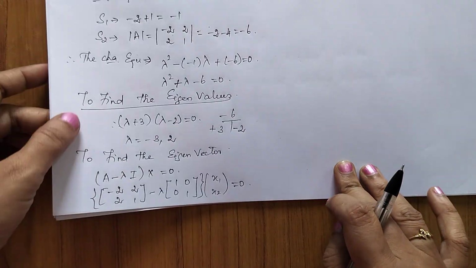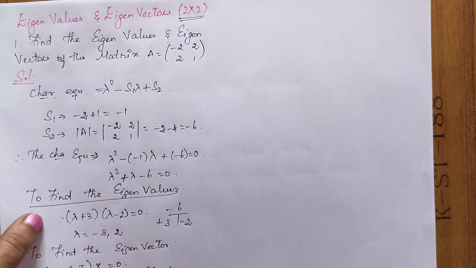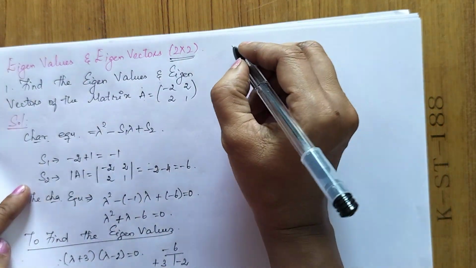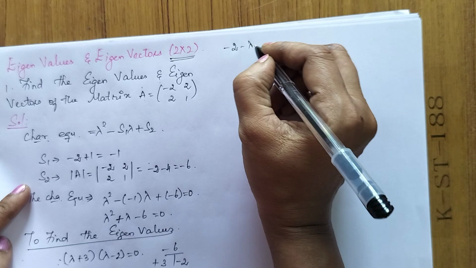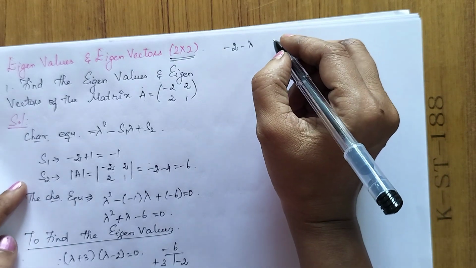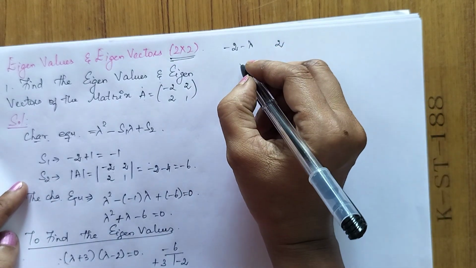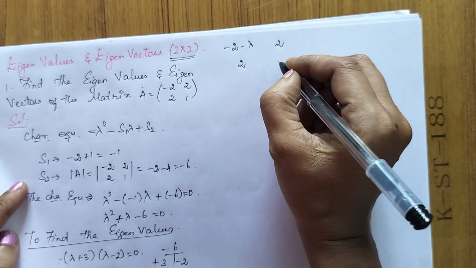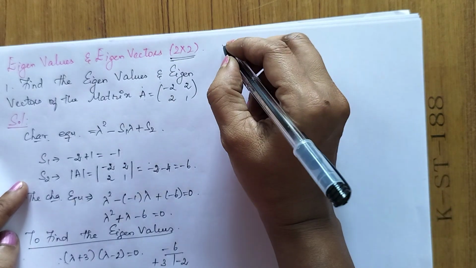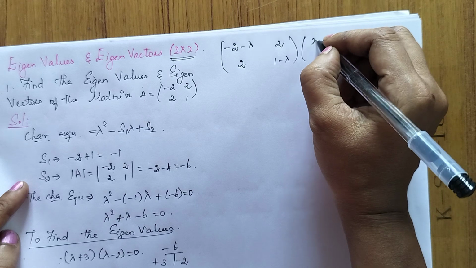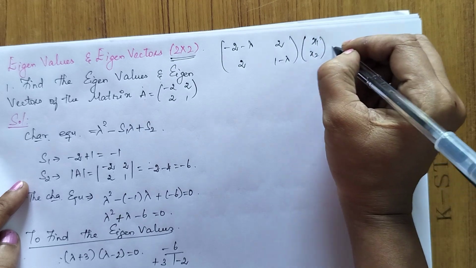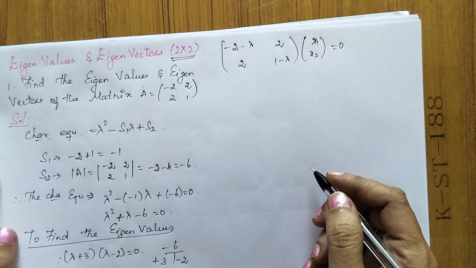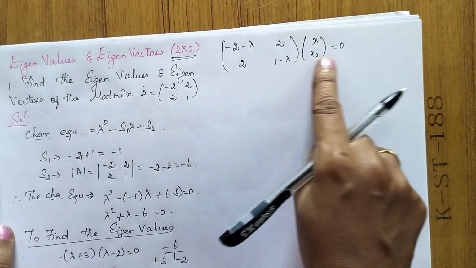Then this becomes minus 2 minus lambda, 2, 2, 1 minus lambda, into x1, x2, which is equal to 0. This is the general equation.